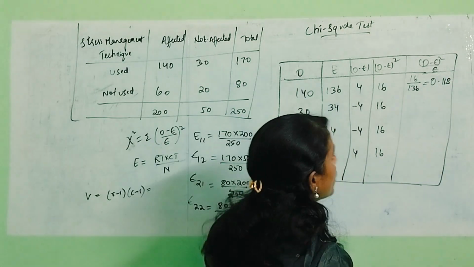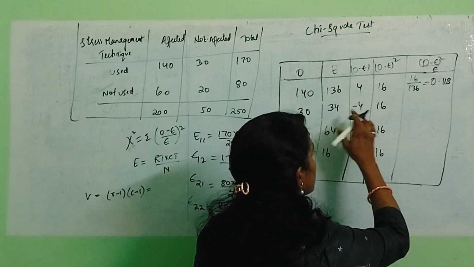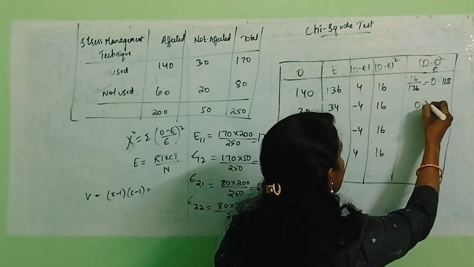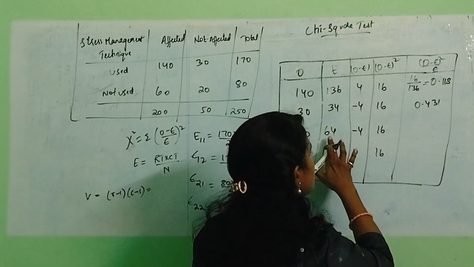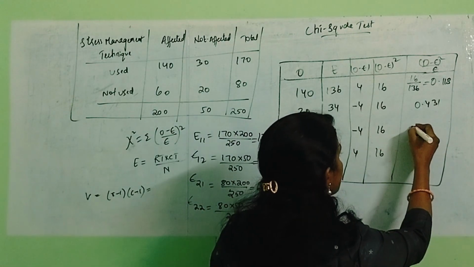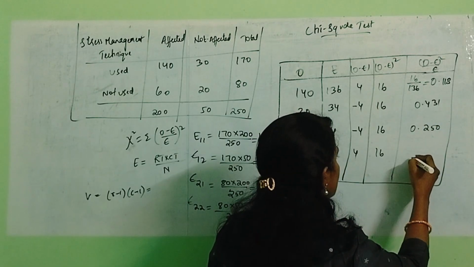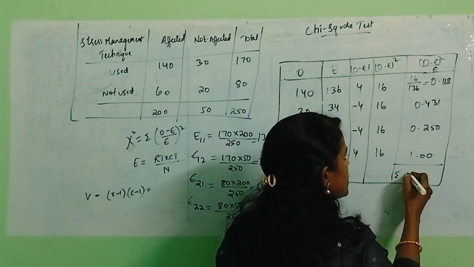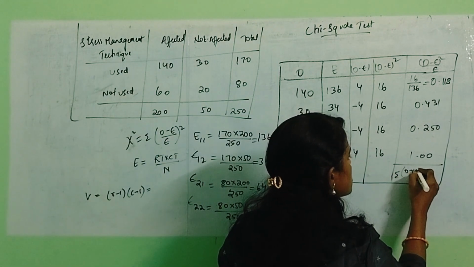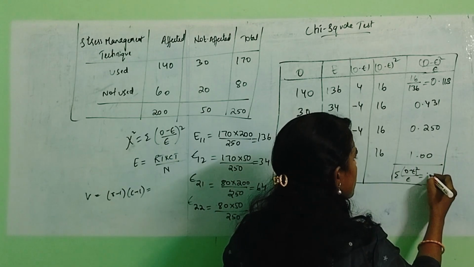Then the next one, 16 by 34. That is 0.431. Next, 16 by 64. That is 0.250. Next, 16 by 16. That is 1.